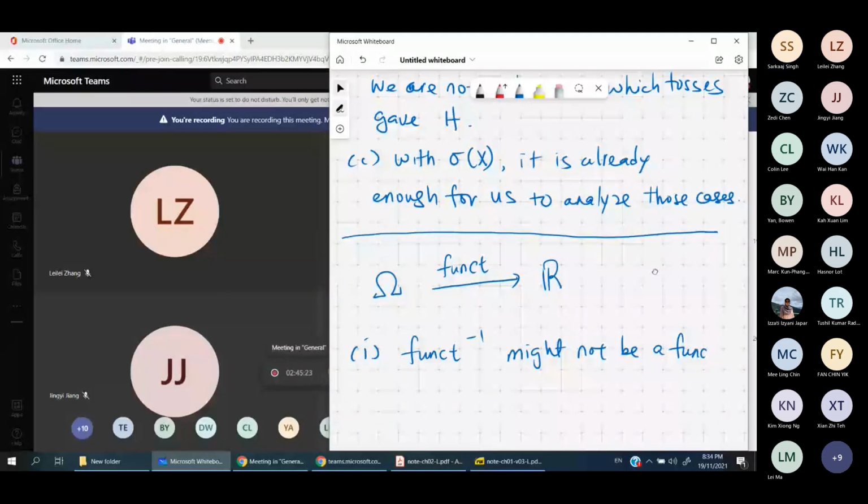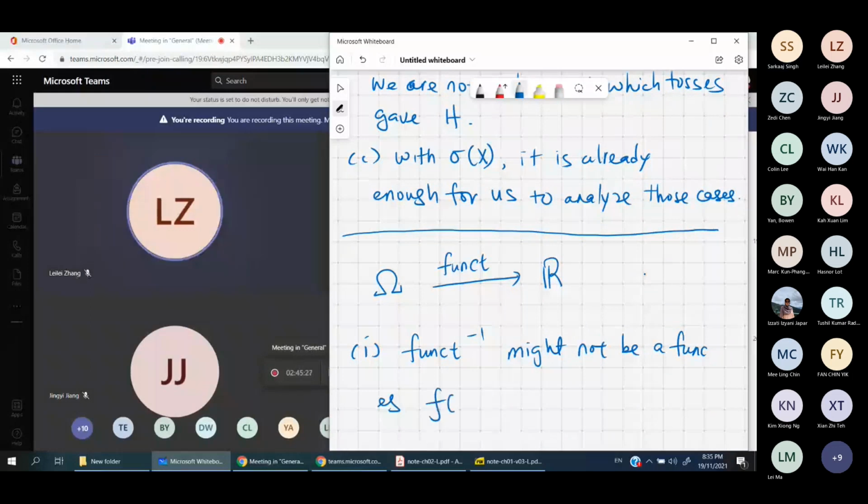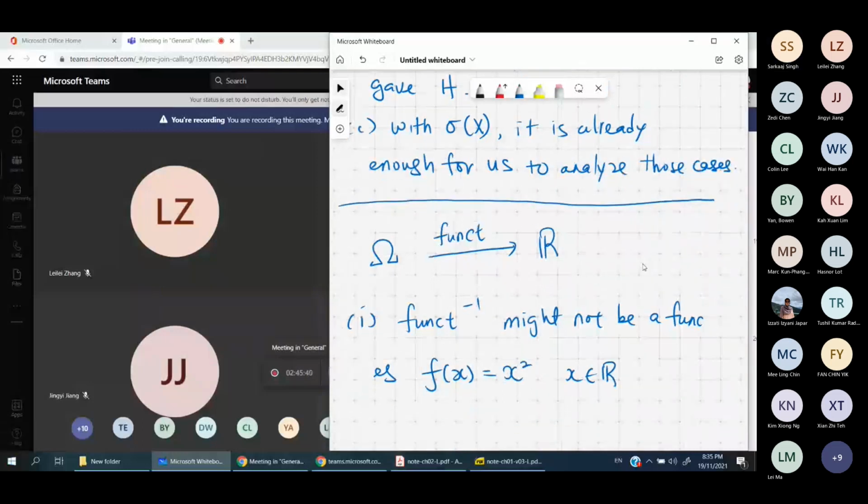Here's an example. If you take f of x to be x squared, and x to be everything in R, you could not find an inverse function for it.